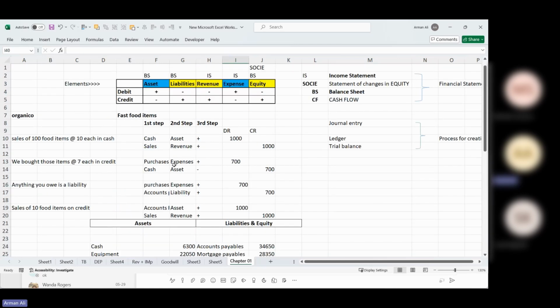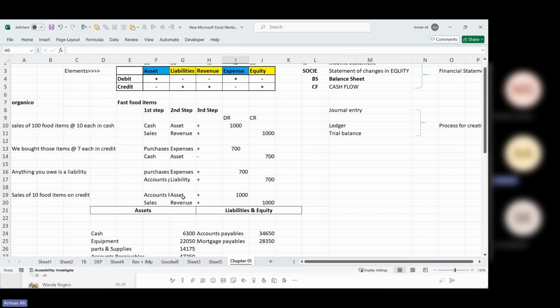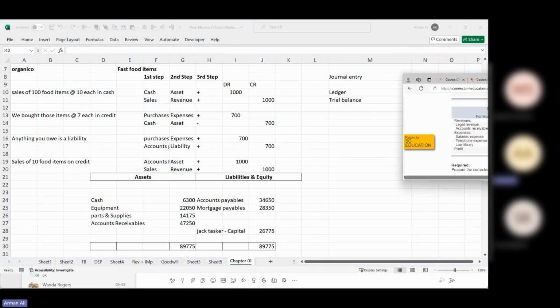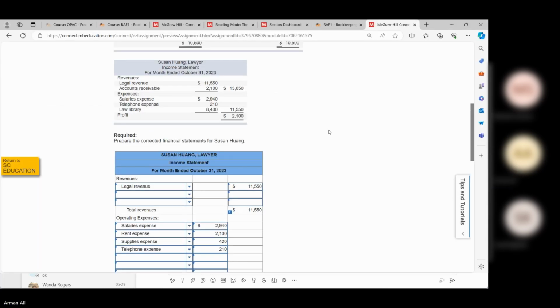So that is the concept of opening and closing. It's on an ongoing basis. If the business continues, then we follow the year of the business. If not, then whatever the cutoff date is, that is decided by the business. So this is the concept of income statement and financial statements and everything.